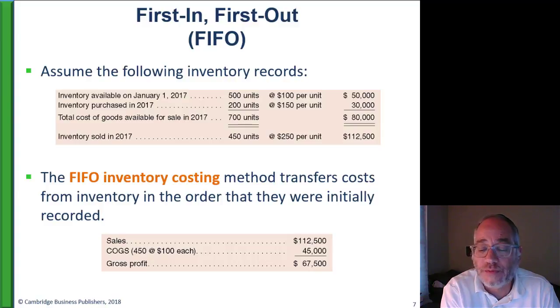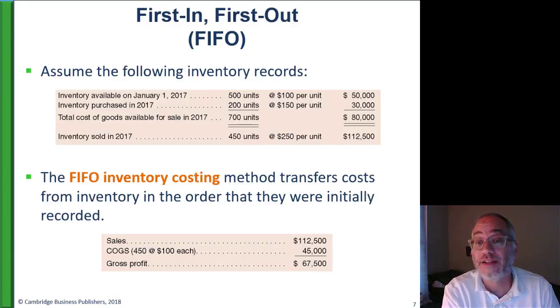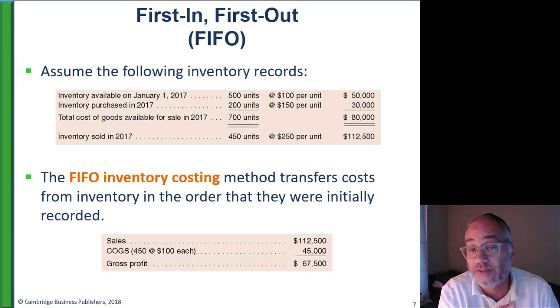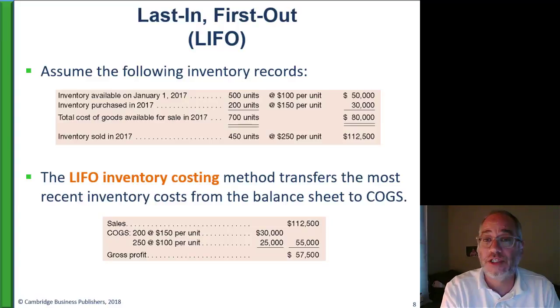Minus cost of goods sold, that's 450 units at $100 each, because that's how much the beginning inventory costs. So total cost of goods sold will be $45,000, and therefore the gross profit is going to be $67,500. Now, what's remaining in stock? There's 50 units left from beginning inventory at $100, plus the 200 that you bought during the year, which are $150. And that's what's left on the shelf, so that would be ending inventory on the balance sheet.